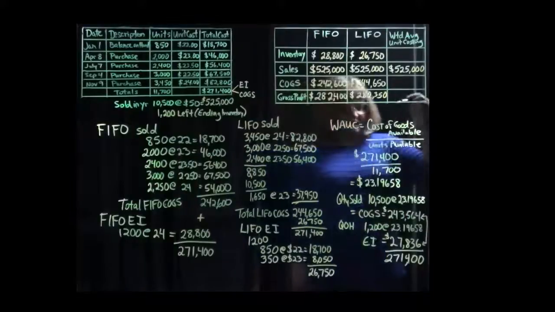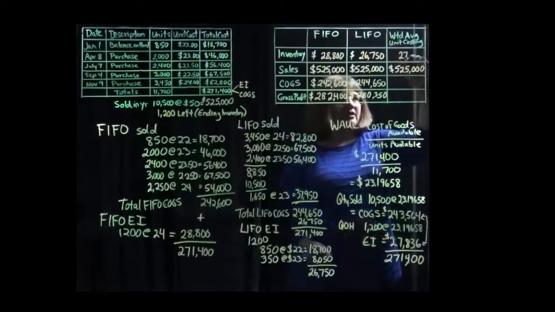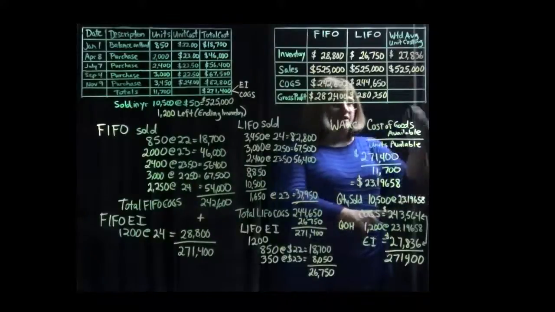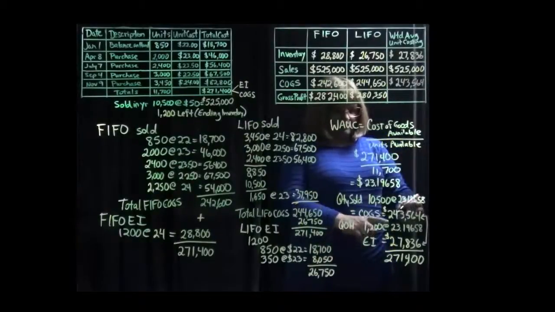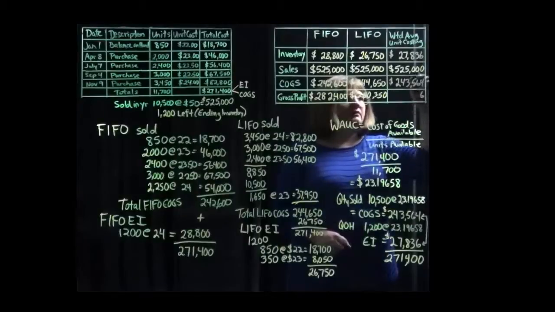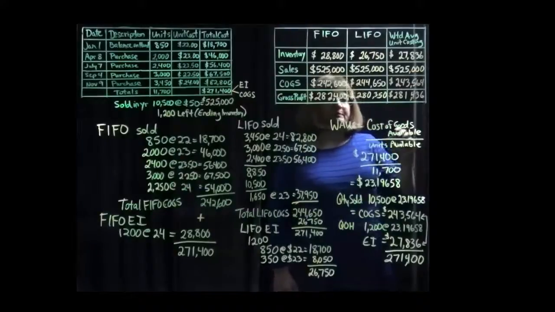Okay, so let's write our numbers in. Our ending inventory again is 27,836. Our cost of goods sold is 243,564, which gives us a gross profit then of $281,436.